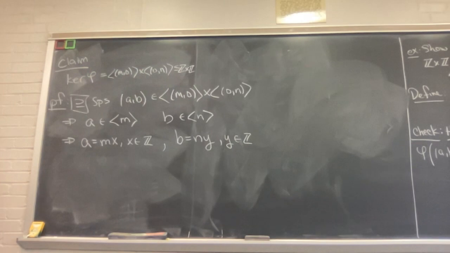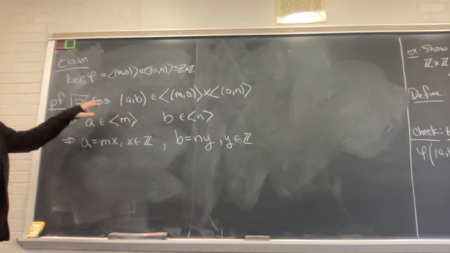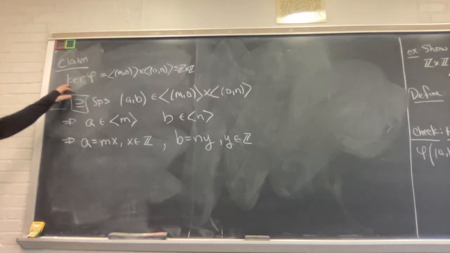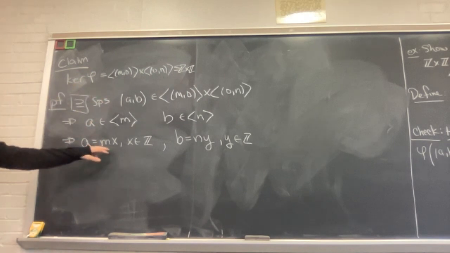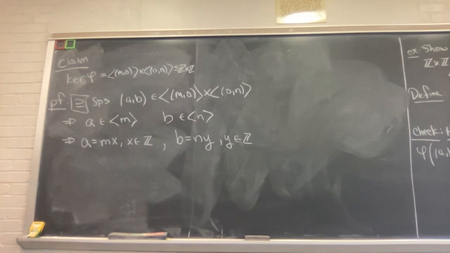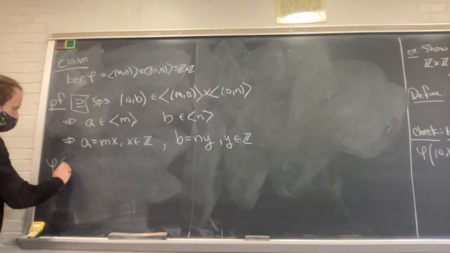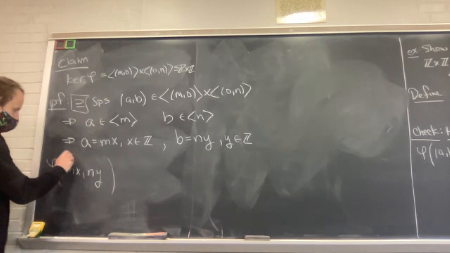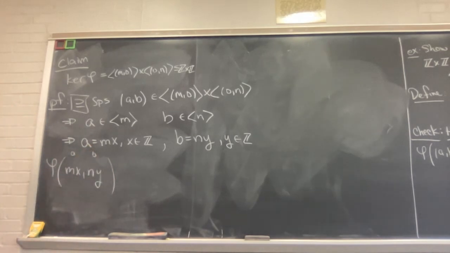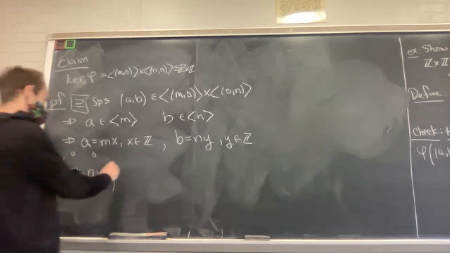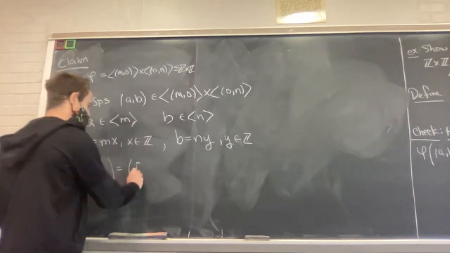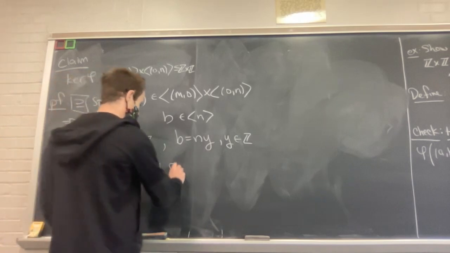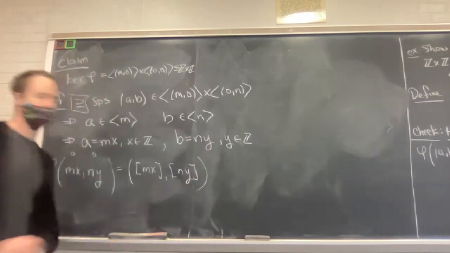Okay. And then let's look at our goal. Our goal is for this to be the kernel, right? So let's take this thing with our new version of it, mx and ny, and plug it into phi and see what we get. So we'll do phi of (a,b), which is the same thing as phi of (mx, ny). And then by our definition over there, that goes to the equivalence class of mx, the equivalence class of ny, right?